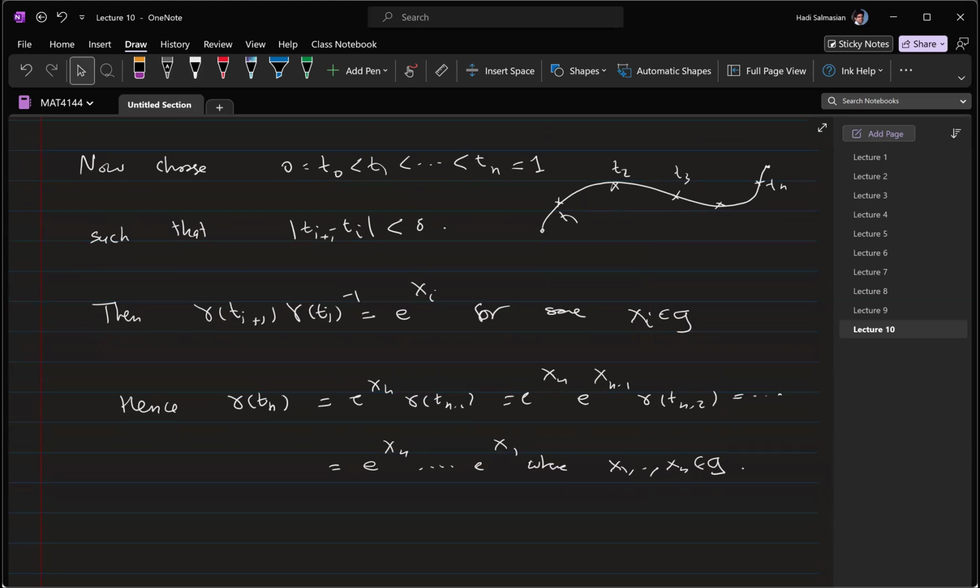Pardon? Any questions? Is there an algorithm for computing this, except for computing the logarithm like that? To write an element as a product of exponentials, you really need to know how to compute the inverse image of the exponential map, right? So yes, depending on the group you work with, if you can write an explicit formula for the logarithm.